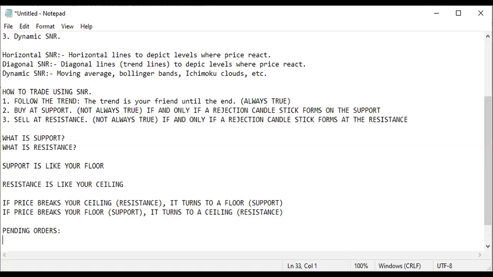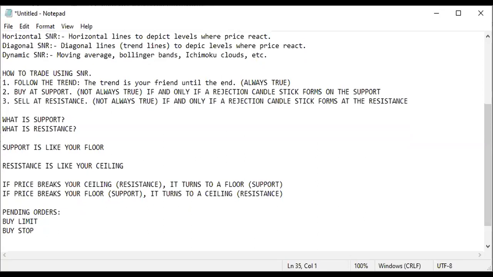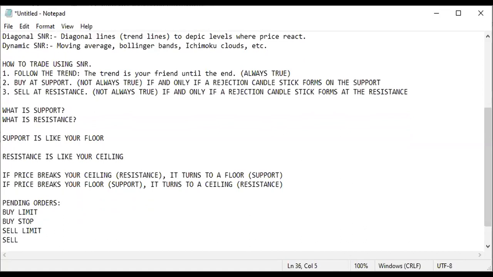Examples: buy limit, buy stop, sell limit, and what? Sell stop. Okay?